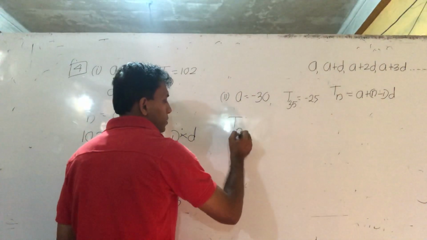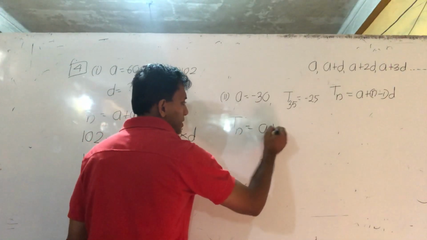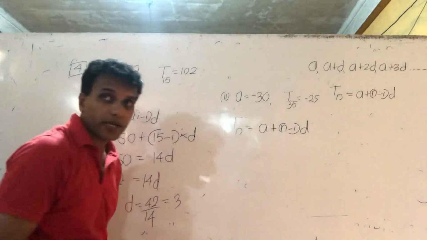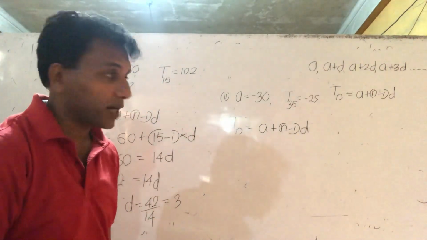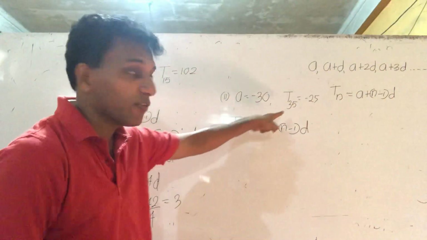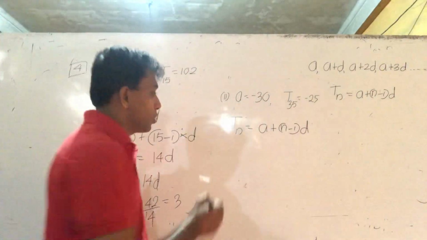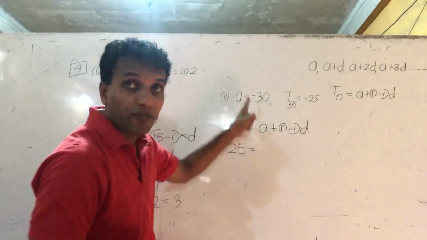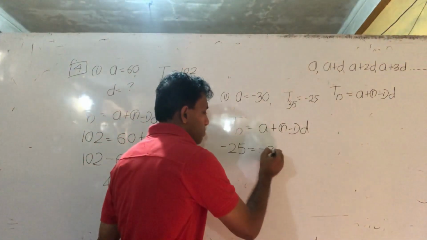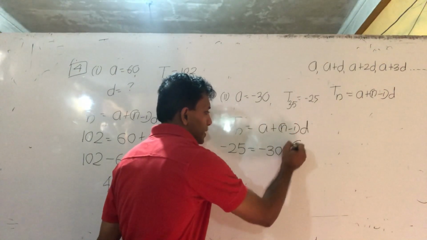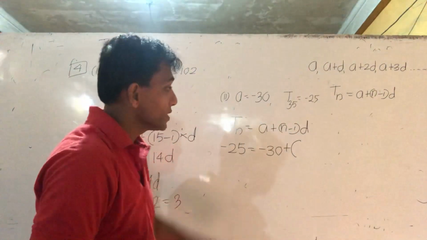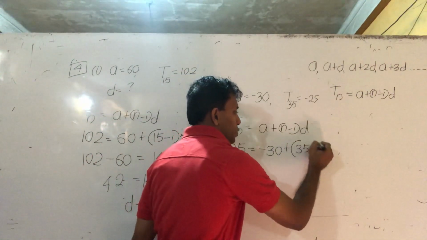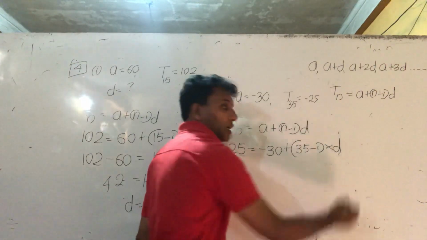Tn equals A plus n minus 1 into D. Now we apply all the known parts. What is Tn? The 35th term, that is minus 25. A is minus 30, plus n is 35, minus 1, into D, the missing common difference.